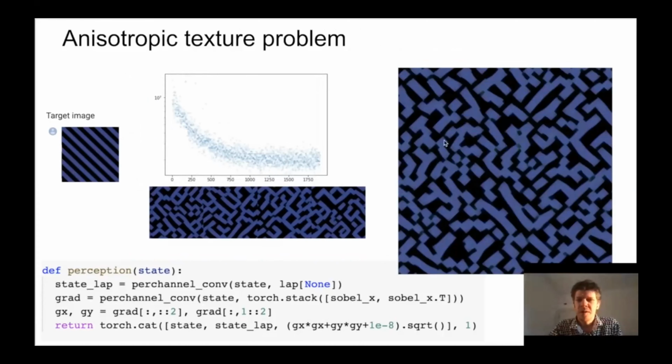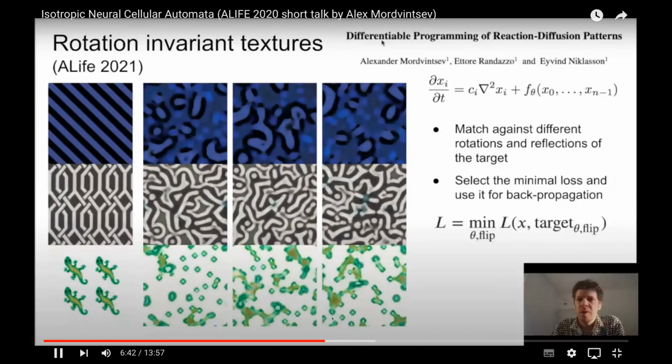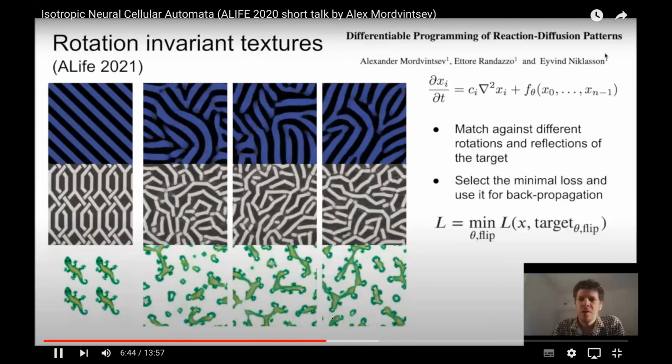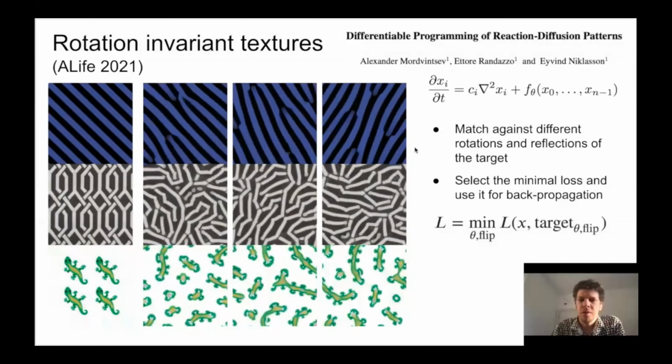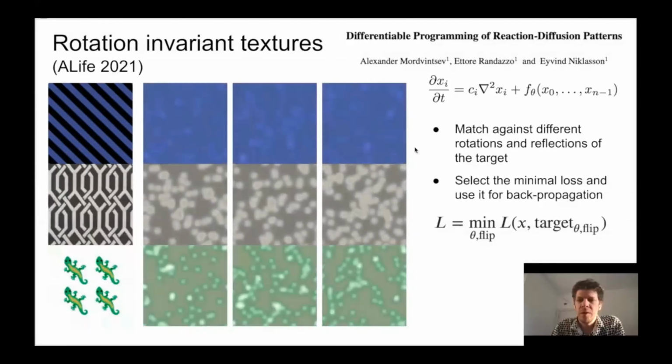It's not surprising that the optimization couldn't find a CA that reconstructs the pattern properly, because cells don't know where left, right, up, and down is, but the objective function is asking for a texture pattern having a specific orientation. In our differentiable programming of reaction diffusion patterns article that we published at the ALife conference last year, we proposed a simple method to fix this problem.